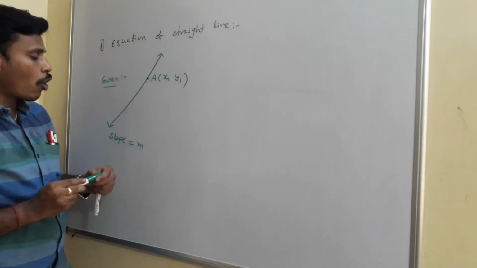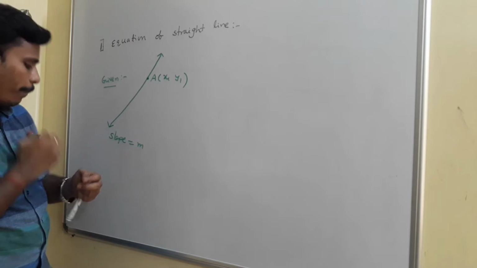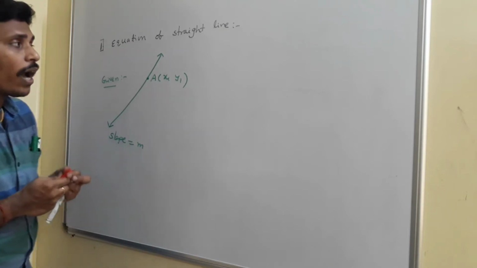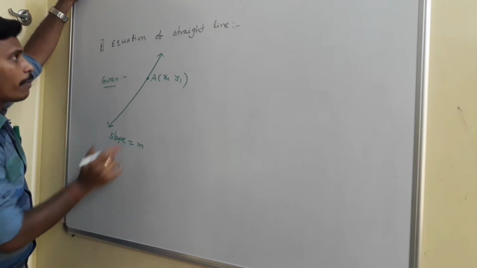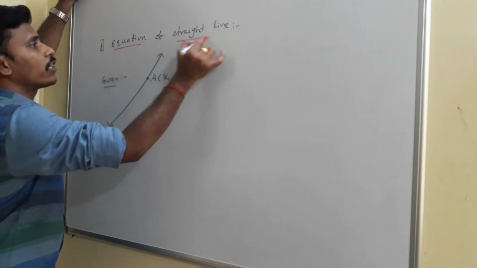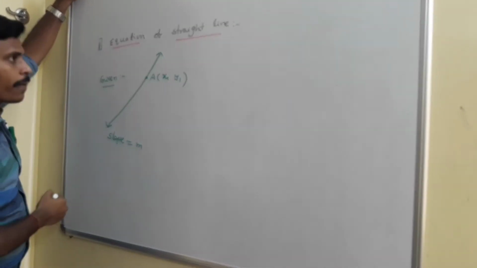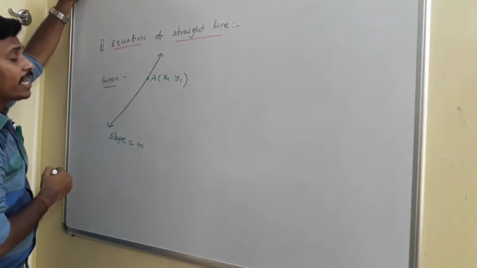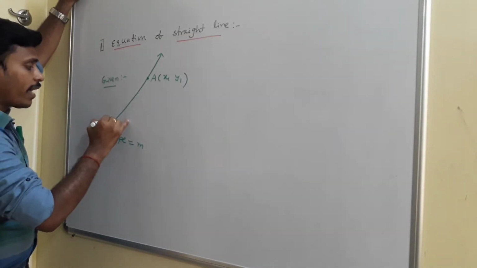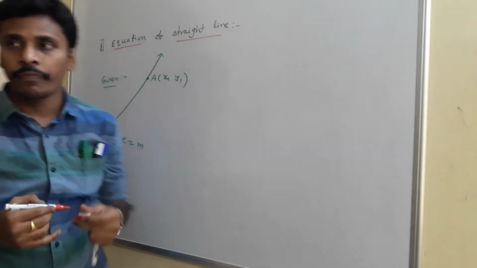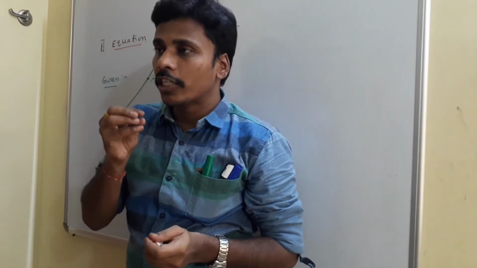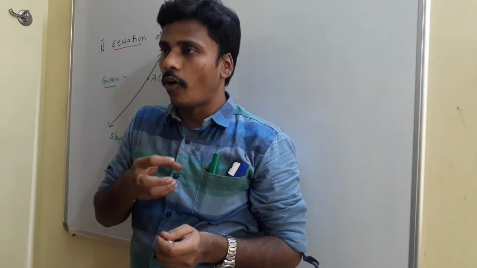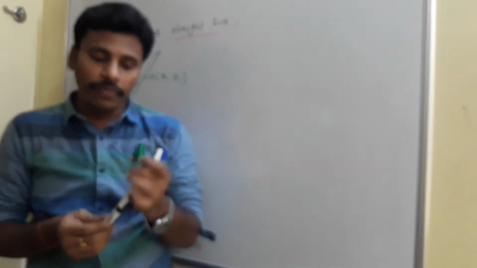The given parameters I am representing in green. And now, what do we need to find? To find the equation of the straight line, our requirement is finding the equation of the straight line. Look at this. On this line there are many points. Equation of a straight line is nothing but the equation of the locus of all the points which are on the straight line.